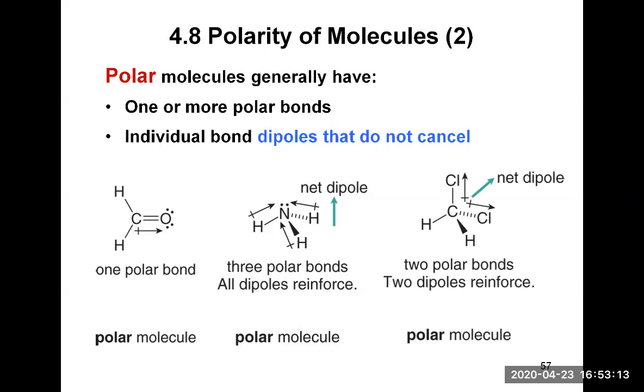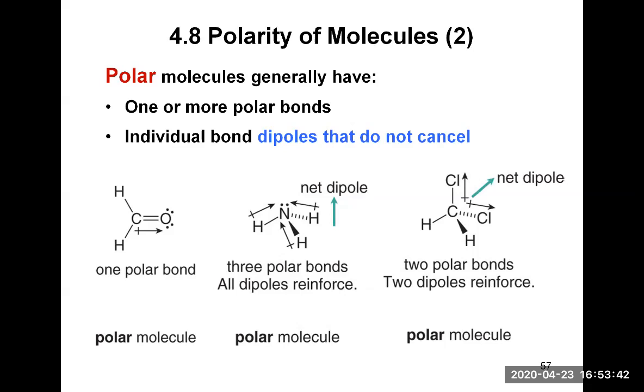Another example is CH2Cl2. The C-Cl bonds are polar, but the CH bonds are not polar. So we have two CH bonds that are not polar, and then on the other side we have two C-Cl bonds that are polar, and their two dipoles are going towards an overall same direction.